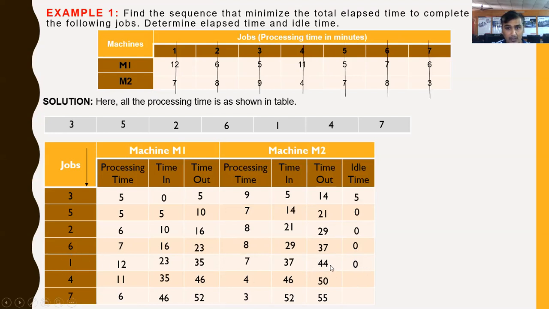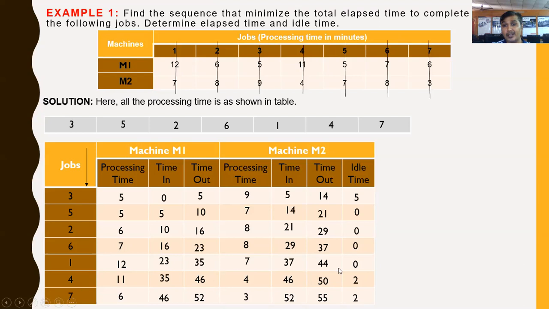Job number 1 is at 44 minutes and job number 4 is completed in 46 minutes. So machine 2 waits for 2 minutes for the completion of job number 4. So here we write down the 2 minutes. Same thing, 50 and 50, so again we write down the 2 minutes.